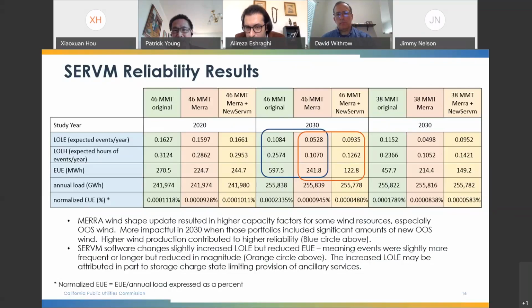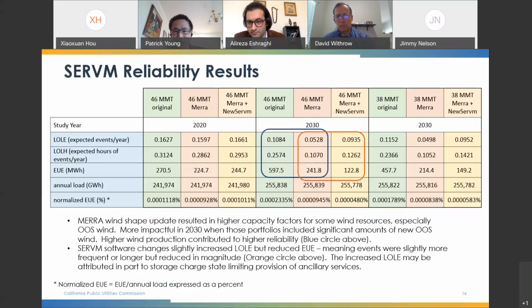The pinkish columns indicate the results from our study with the wind shape updates, and then the peach color columns indicate the effects of both the wind shape update and the SERVM software update.